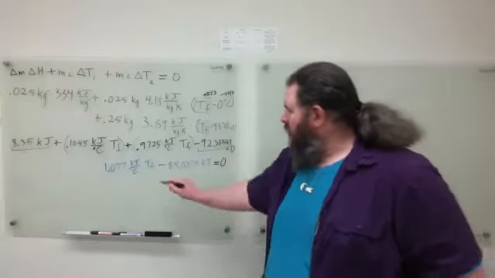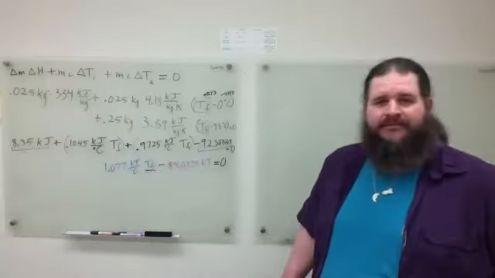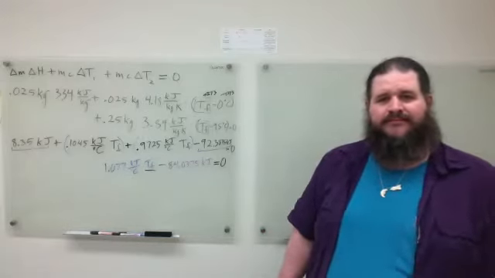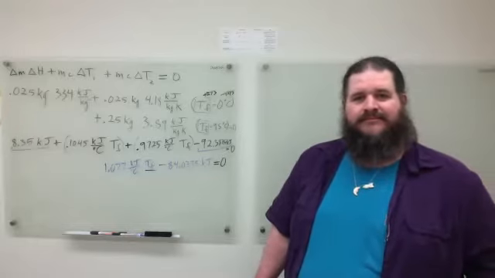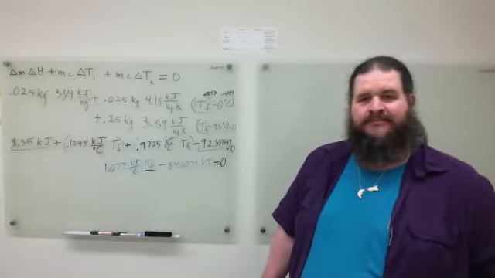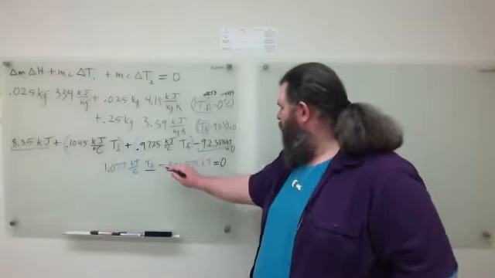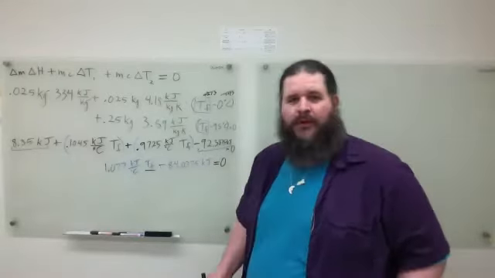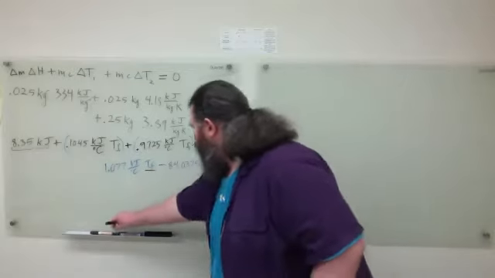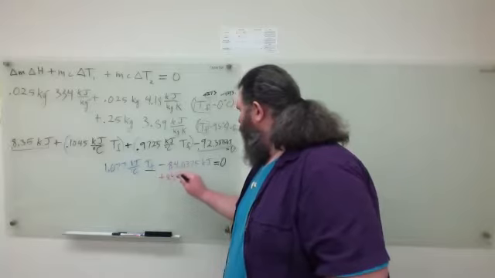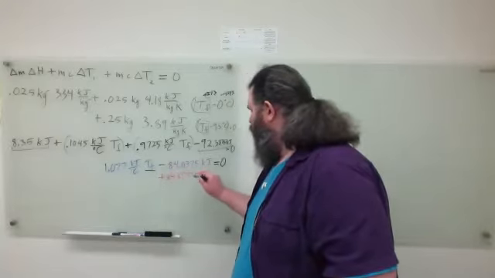So what else do we still need to do to isolate T final? Yeah, we've got a minus 84.0375, so we want to add that to both sides. So we'll add 84.0375 kilojoules to both sides.